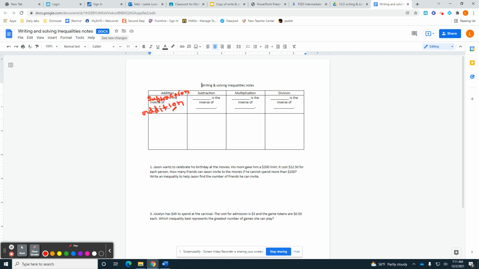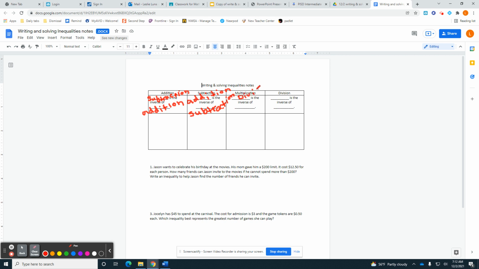Okay. And then for subtraction, of course, addition is the inverse of subtraction. Then you have multiplication. What do you think would be the inverse of multiplication? Okay, if you said division, that is correct.